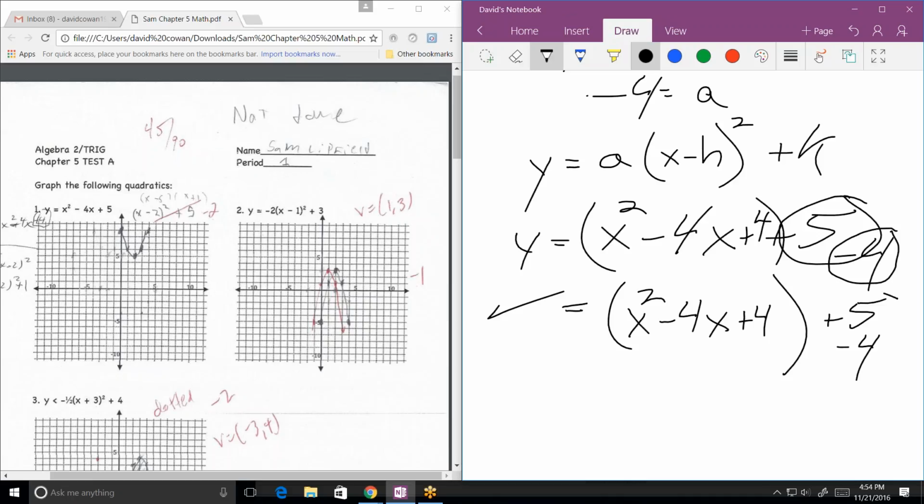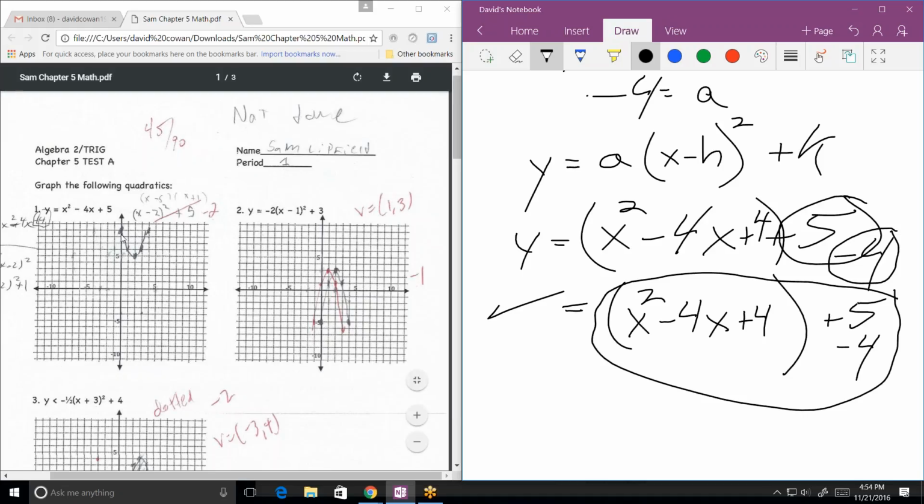So notice that that right there is exactly what we started with. If I were to simplify this, that plus 4 and that minus 4 would cross off, and I'd be left with x squared minus 4x plus 5, which is what you started with. Okay? All right.